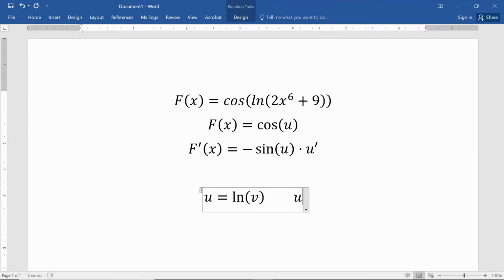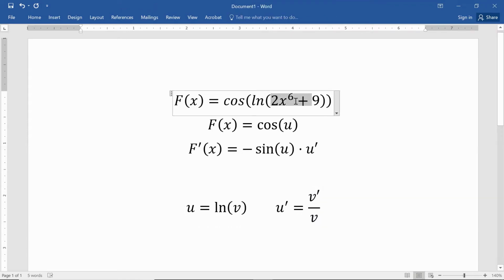So what's u prime? U prime is equal to 1 over v multiplied times v prime, where v is obviously this inside function, 2x to the 6th plus 9.